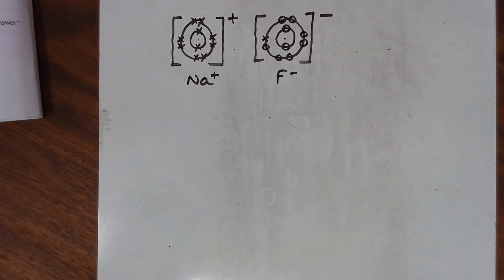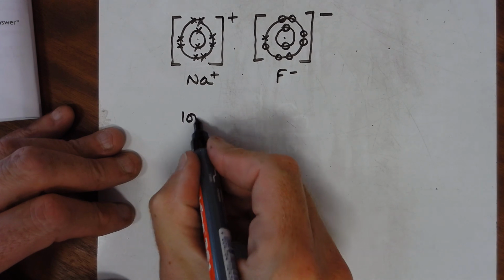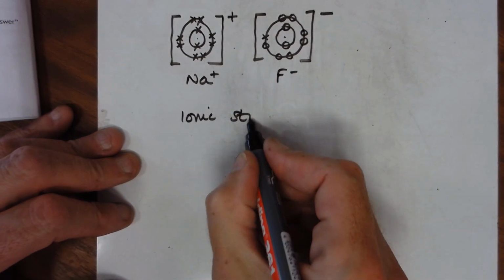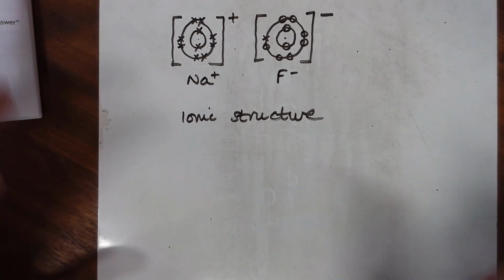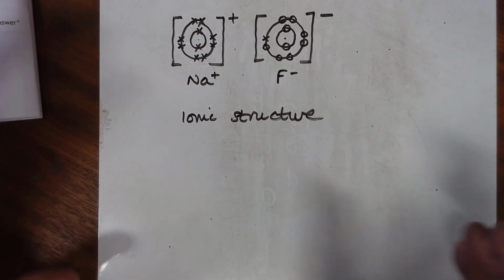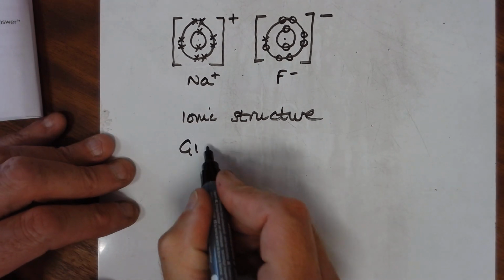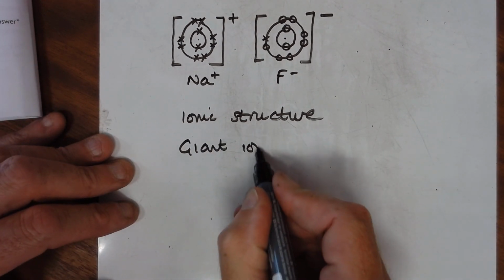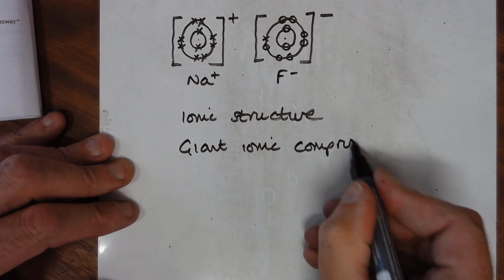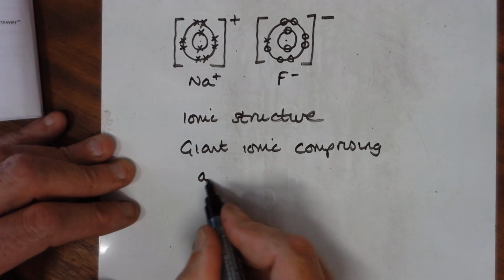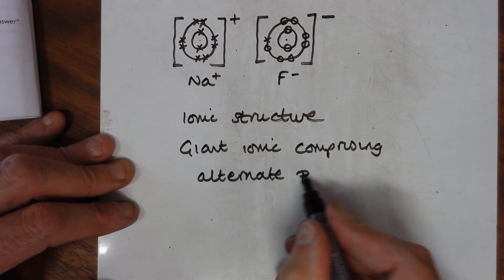Right. What structure is formed? Well, these are ions. We're going to have an ionic structure. And these things are going to be attracting each other. We are going to have a giant ionic structure comprising alternate positive.